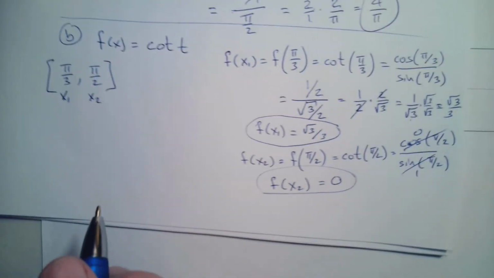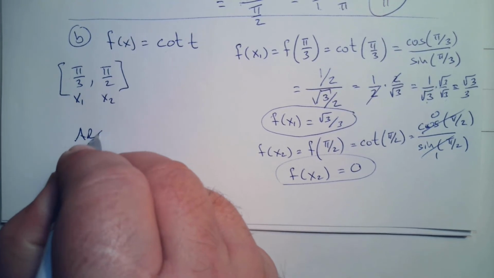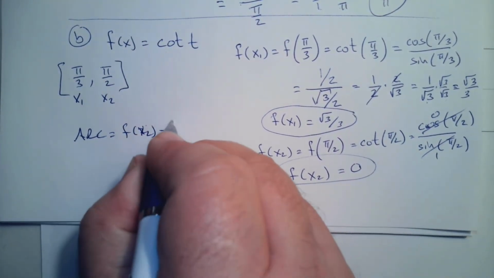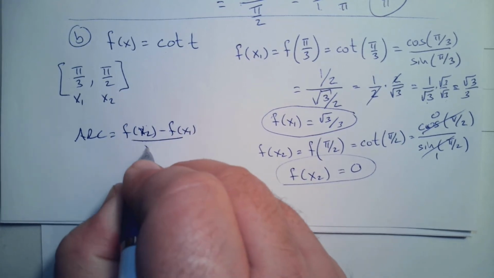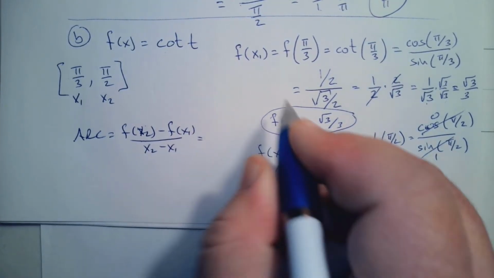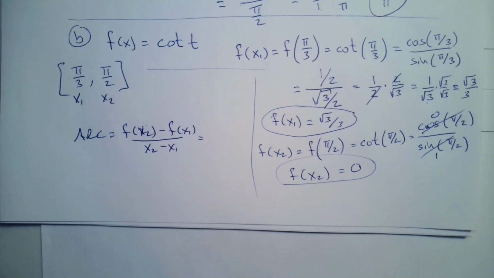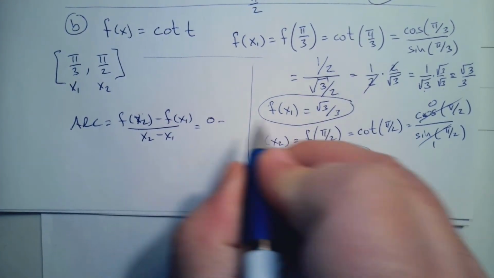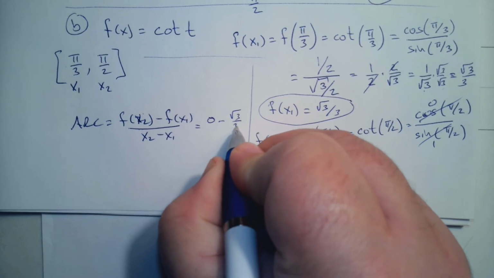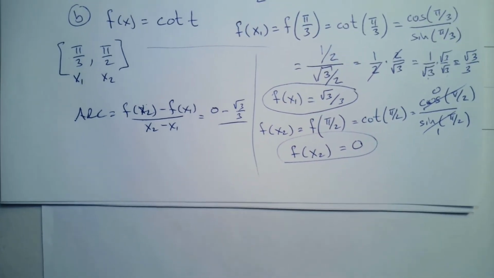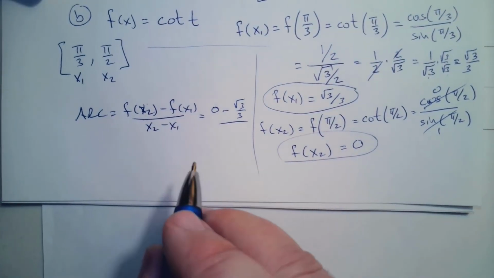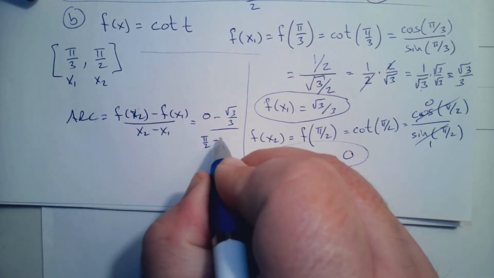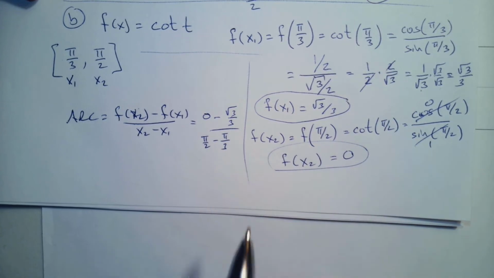So the average rate of change here is f of x2 minus f of x1 over x2 minus x1. F of x2 is 0 minus radical 3 over 3. x2 is pi over 2, minus pi over 3.